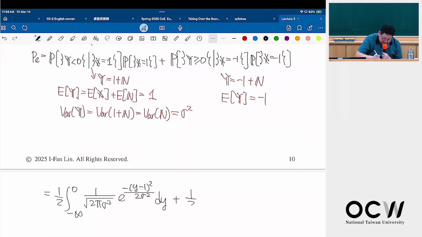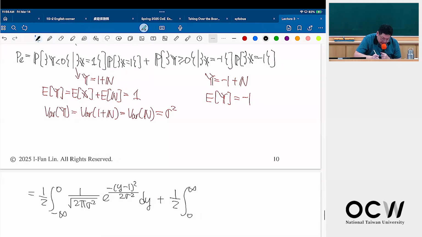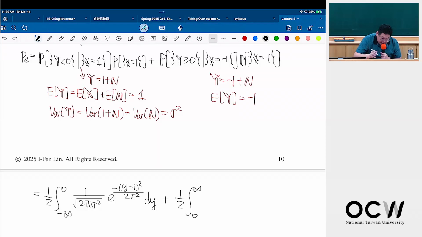The other one is also Gaussian when x is minus 1, so Y is greater than 0, and this should be from 0 to infinity, 1 over square root of 2 pi sigma squared, e to the minus y plus 1 squared over 2 sigma squared dy.